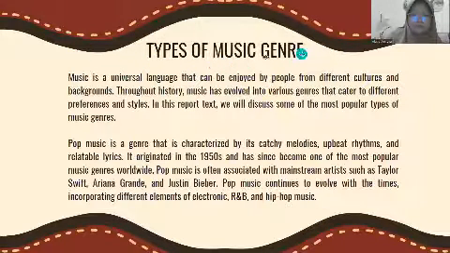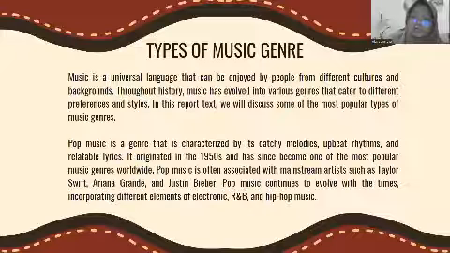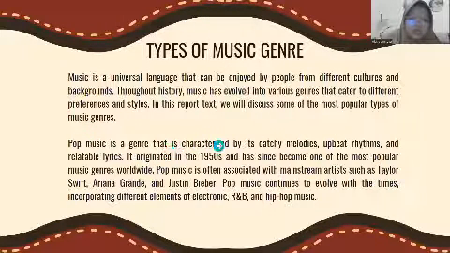Types of music genre. Music is a universal language that can be enjoyed by people from different cultures and backgrounds. Throughout history, music has evolved into various genres that cater to different preferences and styles. In this report text, we will discuss some of the most popular types of music genre. Pop music is a genre characterized by its catchy melodies, upbeat rhythms, and relatable lyrics.